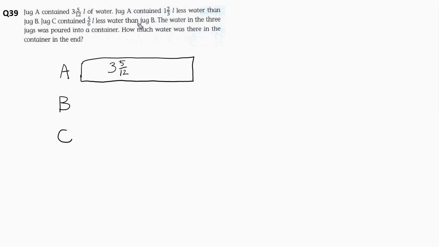We're thinking that because the question is asking how much water was there in the container in the end. And this is the container into which all of the water was poured. So we're going to be adding some fractions together, and we can't add or subtract fractions unless they have the same denominator.